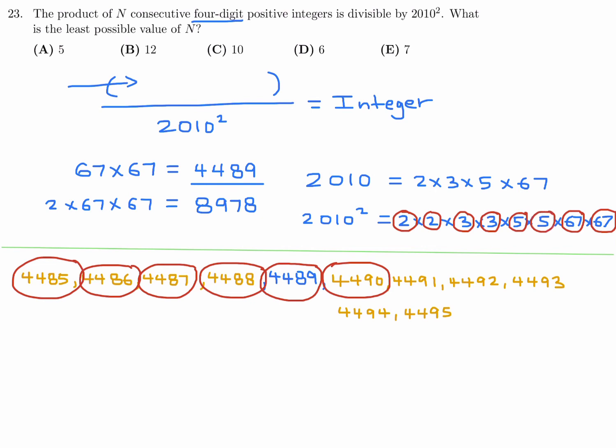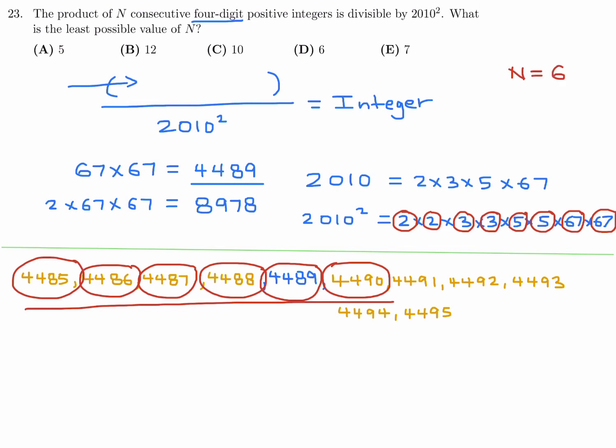So there you go. This string of 1, 2, 3, 4, 6 numbers are consecutive 4-digit positive integers, and when you multiply them all, they will contain those factors which represent 2010 squared. So far, the answer looks like it could be 6.